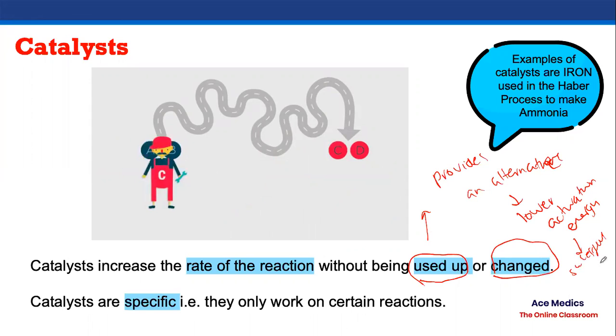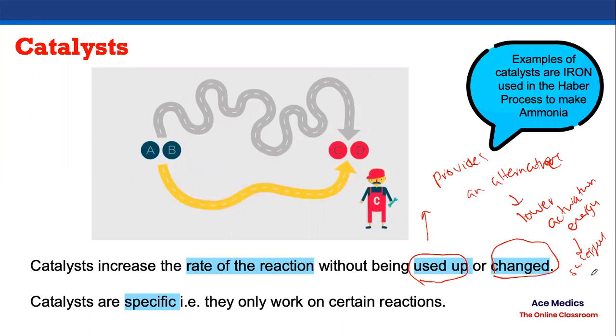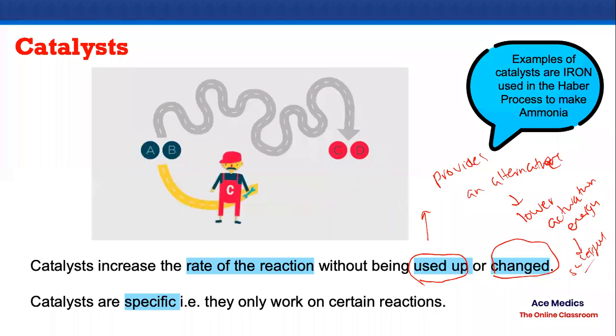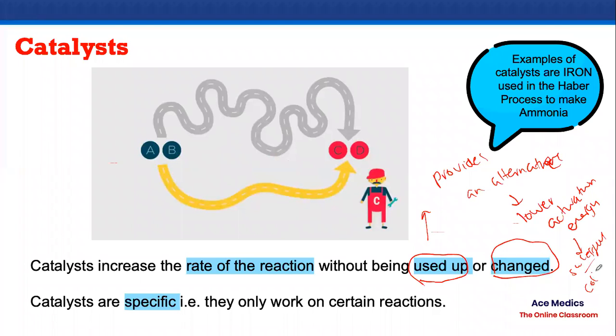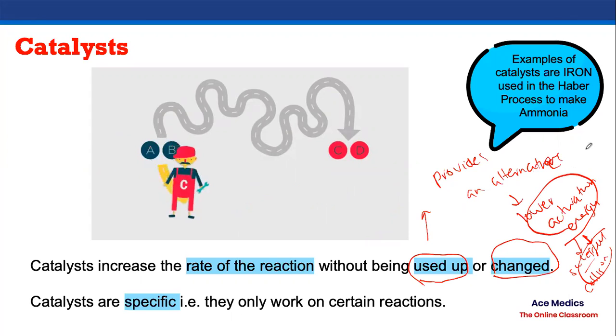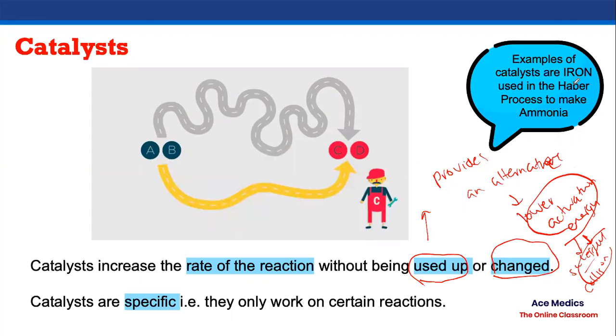That's how the catalyst influences a reaction, because it provides an alternate pathway with a lower activation energy. Therefore, we have more successful collisions. They won't be used up or changed, so they're really useful to have in reactions, and something that is used at industrial levels. An example of that is when you're making ammonia.